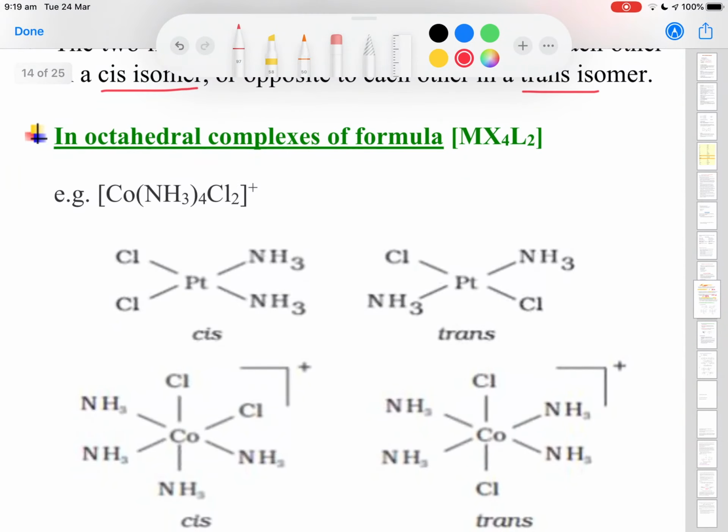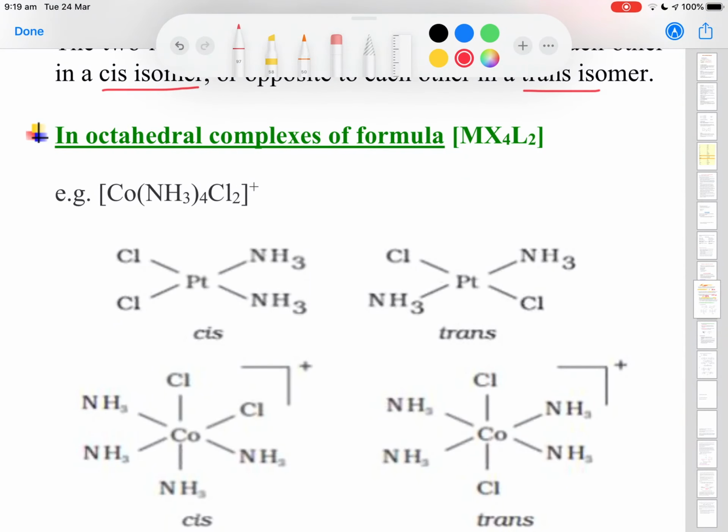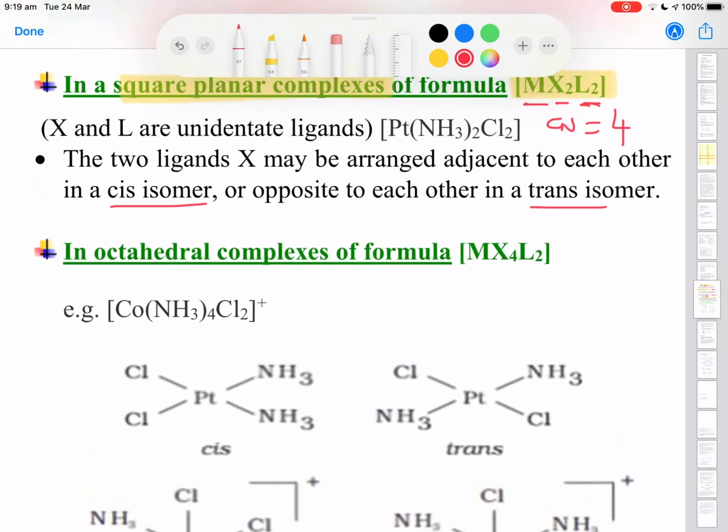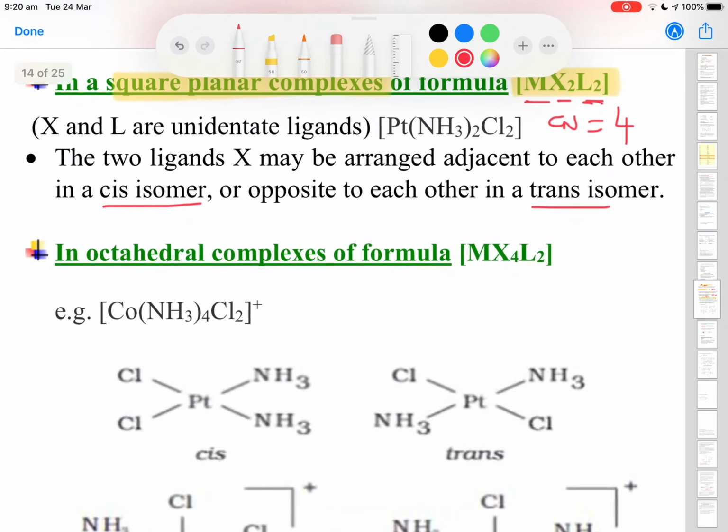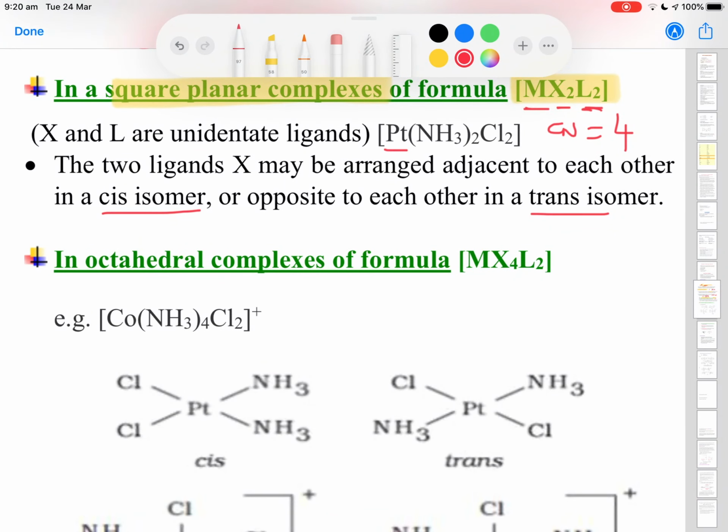As an example, let us take platinum NH3 whole twice Cl2. In such complexes, basically square planar, I have written down this example, that's Pt(NH3)2Cl2. What would be the name of this compound?